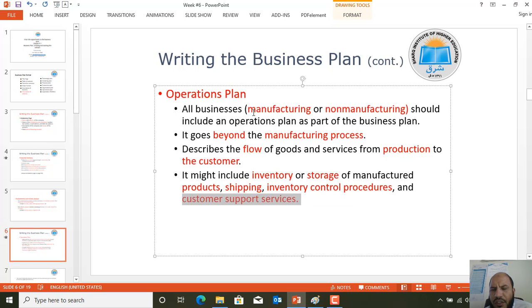So see dear students, in the operation plans you have learned that a company is not only responsible for controlling, for example, the manufacturing process. They are involved in thinking beyond the manufacturing process.